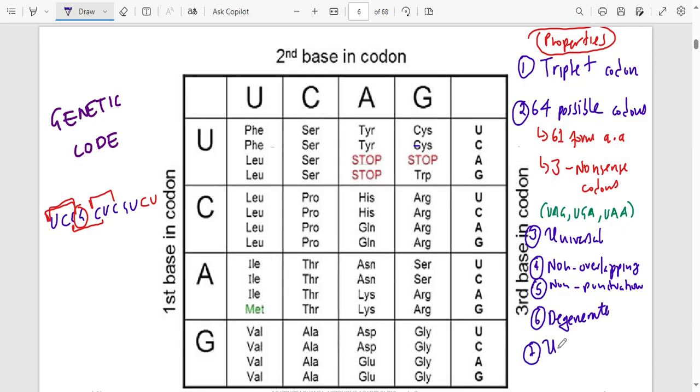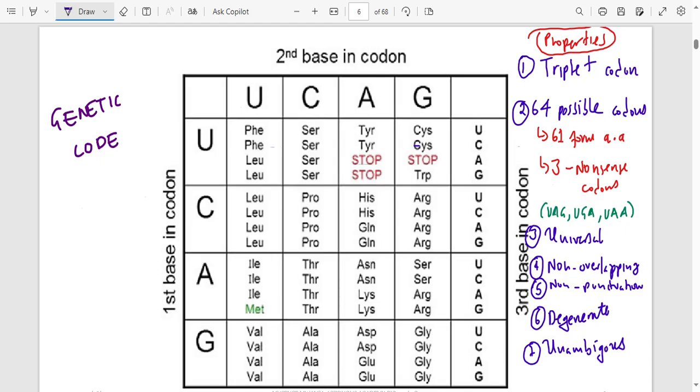It's unambiguous. Okay. So let's explain these two properties. What do we mean that it is degenerate? So the meaning of the degenerate is that there are 61 codons, right?